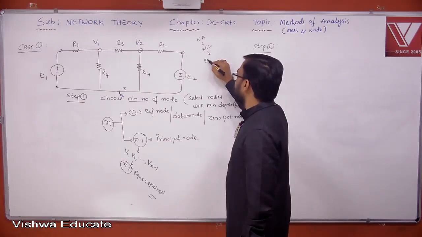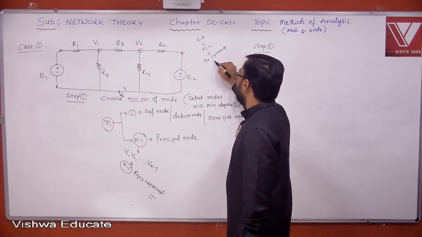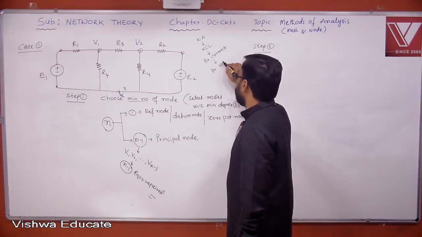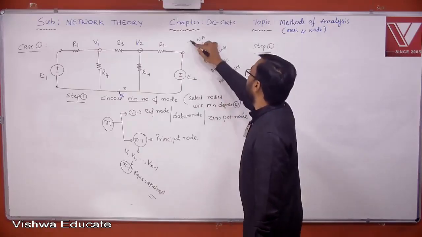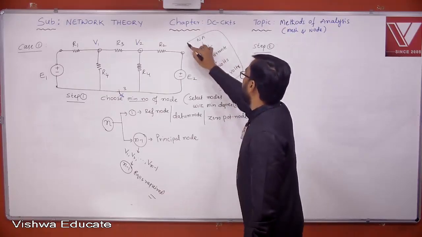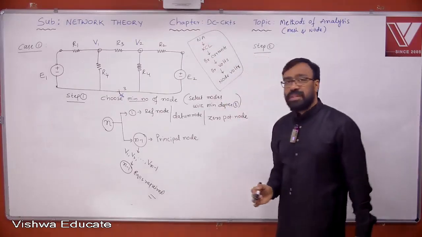KCL requires algebraic sum of branch currents, yes or no? To find branch currents, you require branch voltages. Branch voltages are expressed in terms of node voltages. Node analysis deals with KCL.